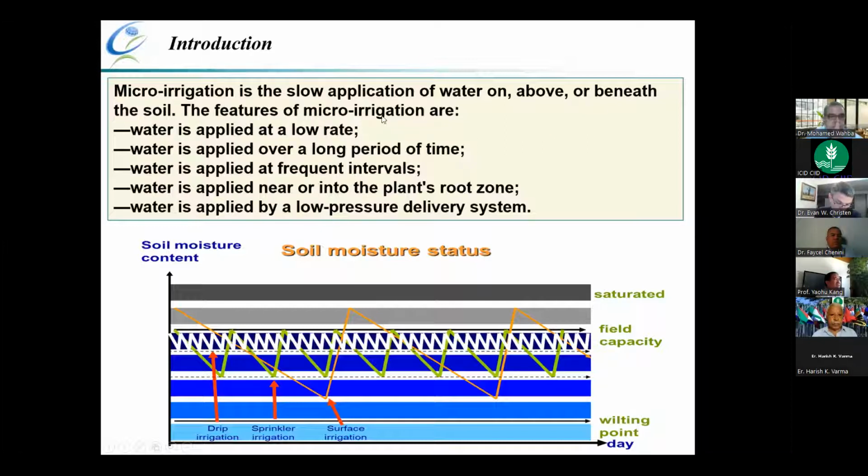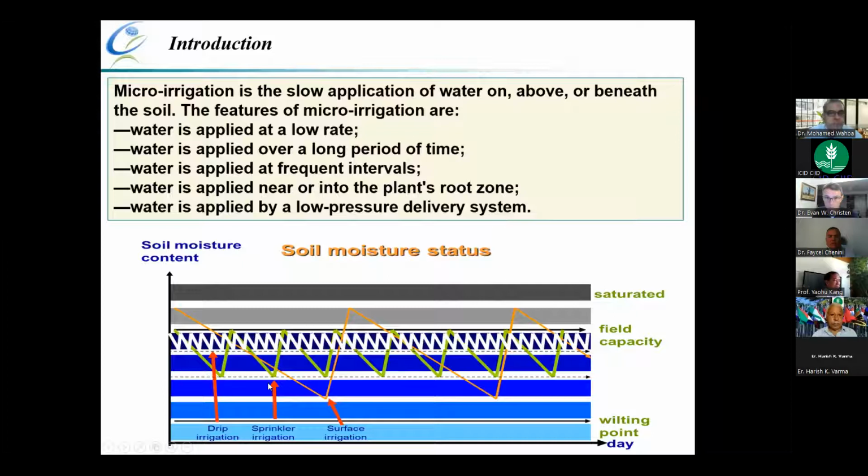The features are: first, water is applied at a low rate; second, over a long period of time; third, at frequent intervals; fourth, near or into the plant root zones; and finally, by a low-pressure delivery system.